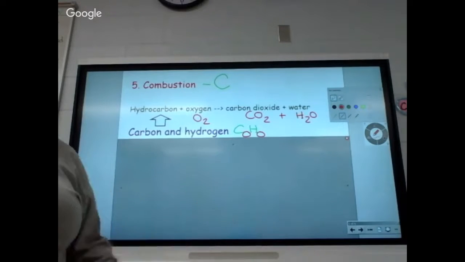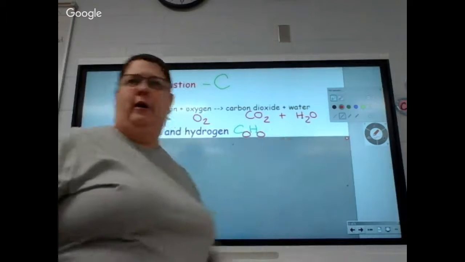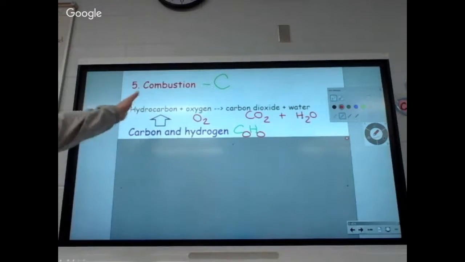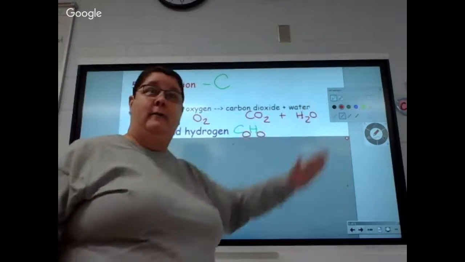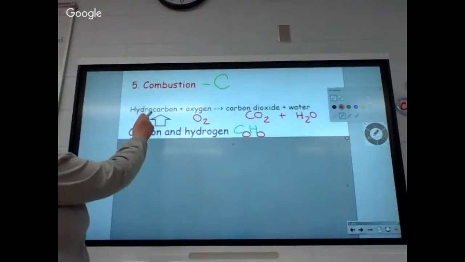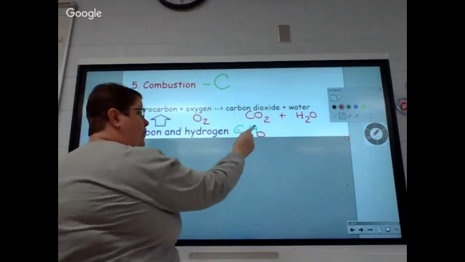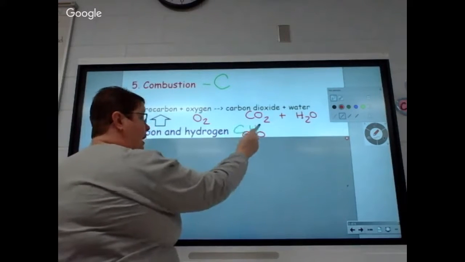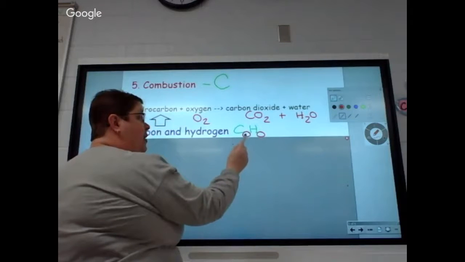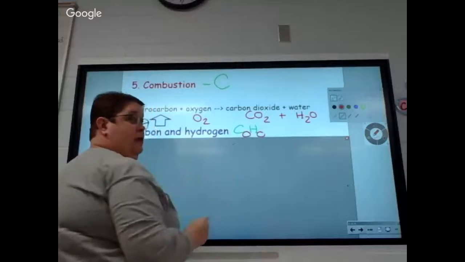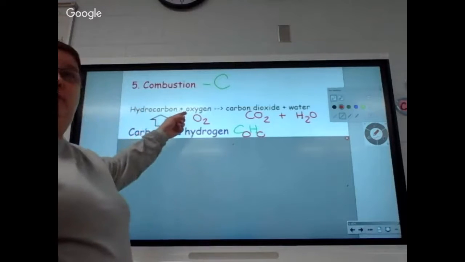If you see an equation that just has water, can it be combustion? What's the format for combustion? What's it say right here? A hydrocarbon, meaning it had to have what, 2 elements? C and H. And the only thing that varied on the C and the H were the what? The subscripts. And then it had to be added to what?